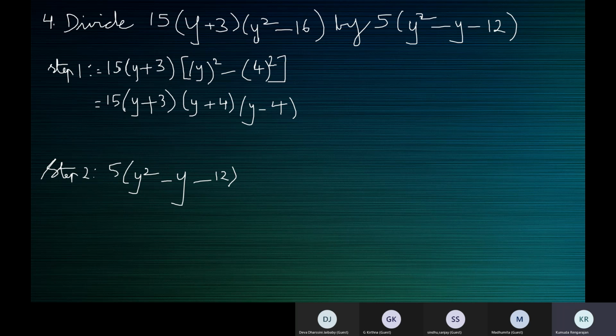What happened, children? Am I audible and clear? Yes, ma'am. How do we factorize the expression in step 2?